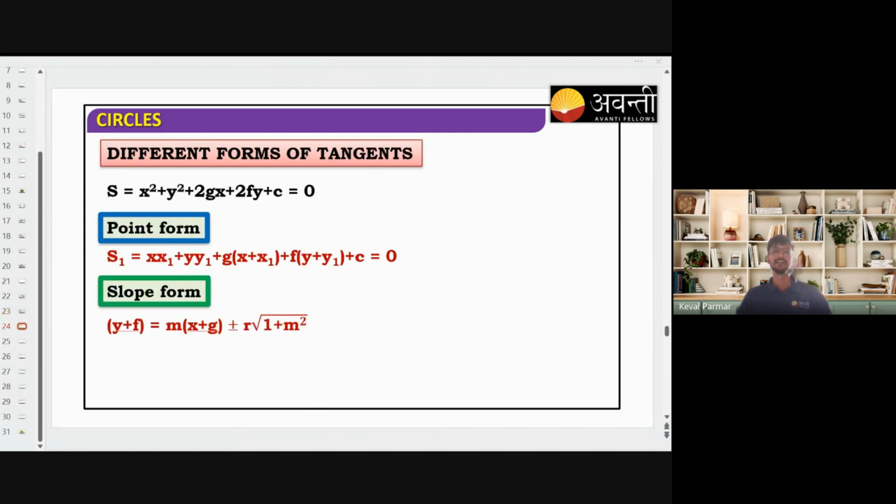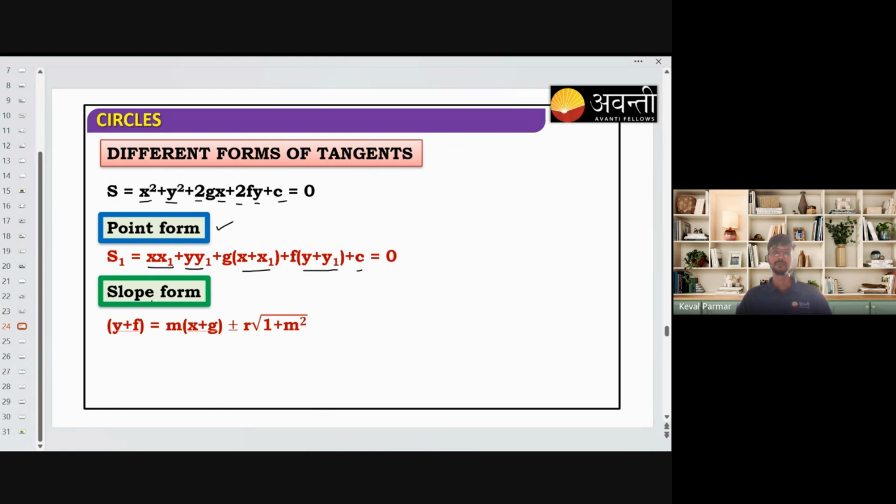Next, we have the different forms of equation of tangents. Now, we know the point form. What is the point form? We replace x square by x x1, y square by y y1, 2x by x plus x1, 2y by y plus y1, and c remains same. This is the point form.